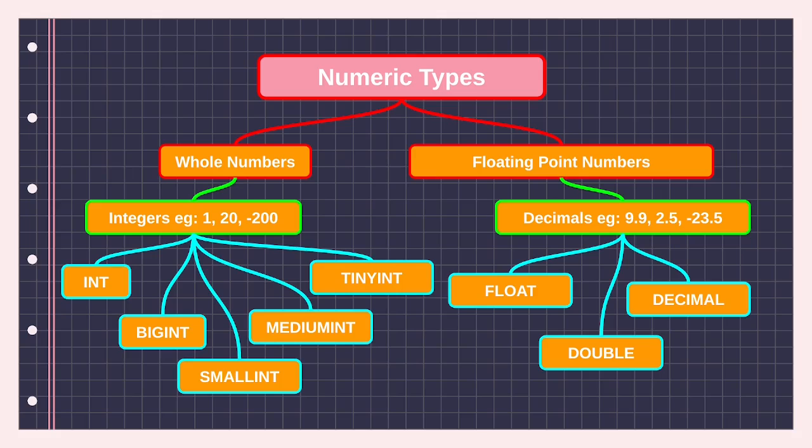Each of these has different use cases and applications. Floating point numbers are just decimal numbers, so you can store numbers like 9.4, 9.5, 2.5, negative 23.5. Floating point numbers consist of decimal, double, and float. We'll take a look at all of these in a second.